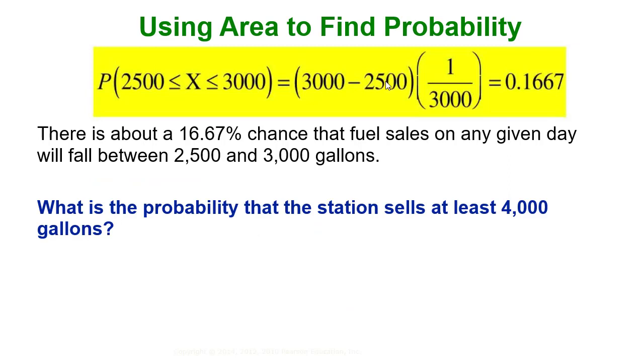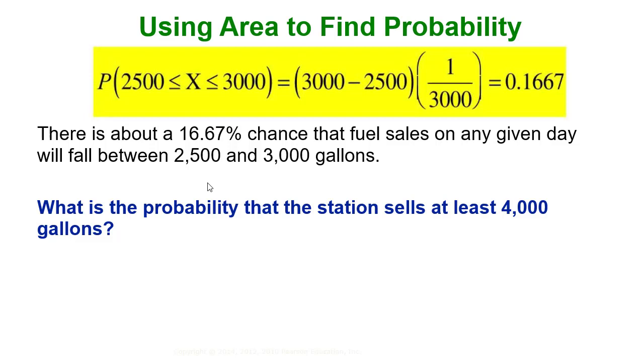And we get this, which we can change and say that there's about a 16.67% chance, if we round to 2 decimals, that our fuel sales on any given day are going to fall between 2,500 and 3,000 gallons.